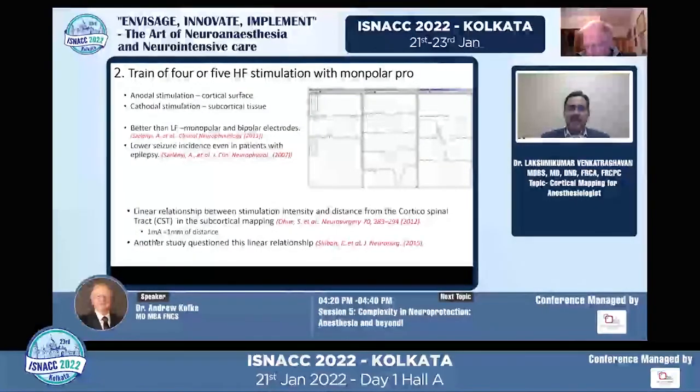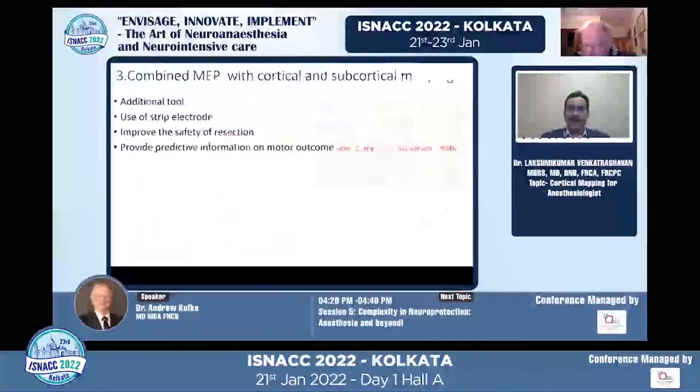So for example, 1 milliamp of current is usually equivalent to 1 millimeter distance from the corticospinal tract. As the current comes down, you can have this crude calculation to identify how close you are to the corticospinal tract. Even though some other studies question this linear relationship, most neurosurgeons still believe in this relationship of 1 milliamp equal to 1 millimeter of distance from the corticospinal tract.